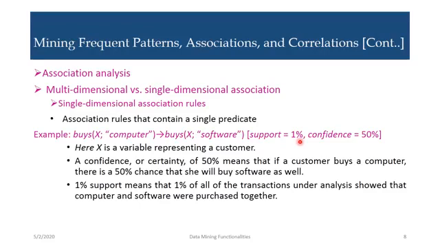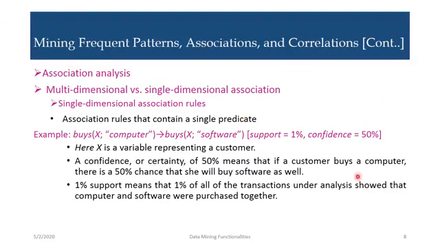Support 1% means that 1% of all the transactions under analysis showed that the computer and software were purchased together. That means suppose we have a number of transactions, out of that it has been observed that in 1% of the transactions the customer has purchased both the computer as well as software.